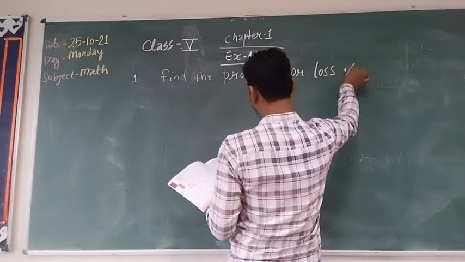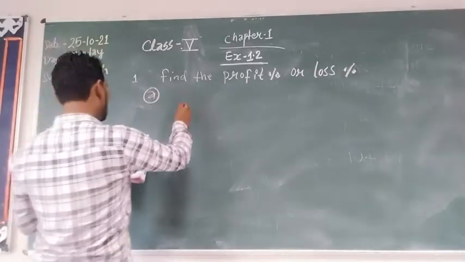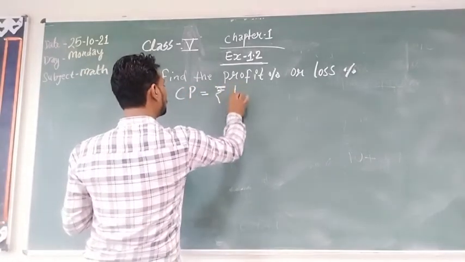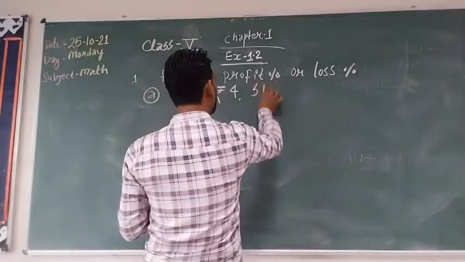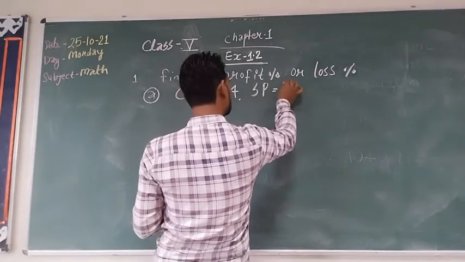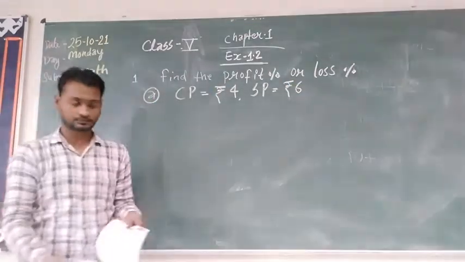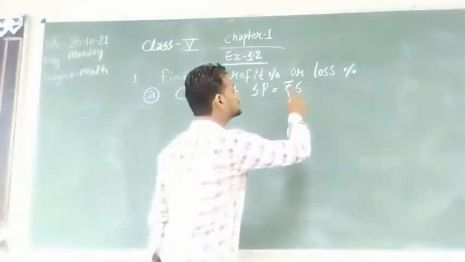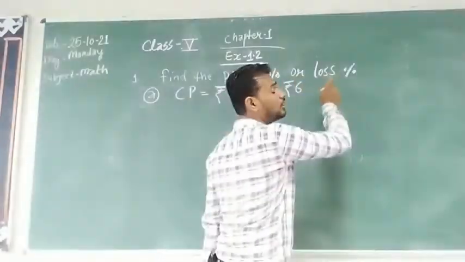In part A, CP is rupees 4. CP means cost price, as you all know, and SP is rupees 6. The cost price is rupees 4 and the sale price is rupees 6, and we are going to find the profit percentage or loss percentage.